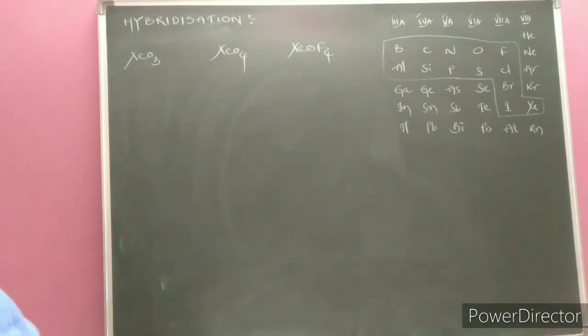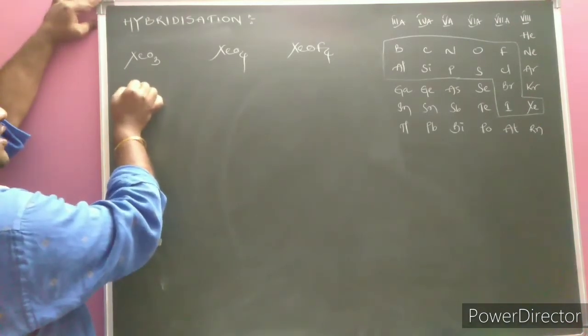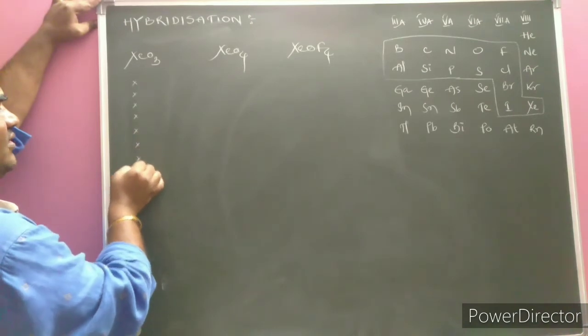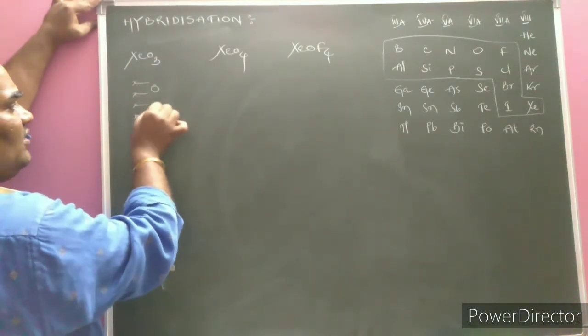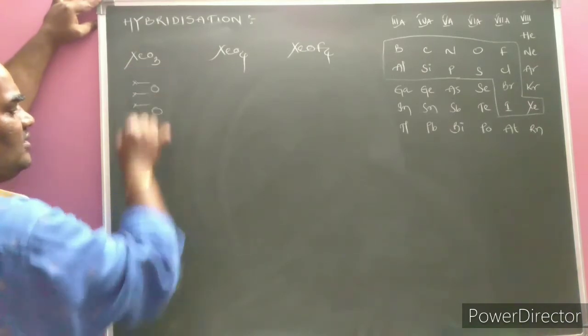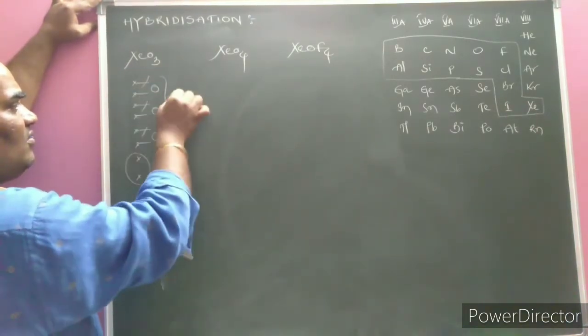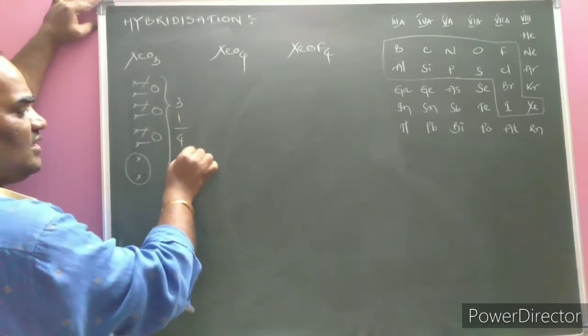Any example we can do using the same concept. Xenon trioxide: xenon has 8 valence electrons. Oxygen we know is divalent. 3 oxygens are consumed, 1 lone pair. Number of sigma bonds is 3, lone pair is 1, total is 4. Hybridization is sp3.